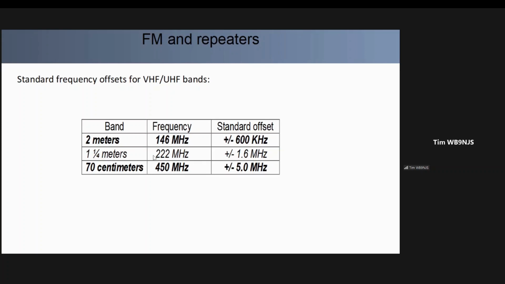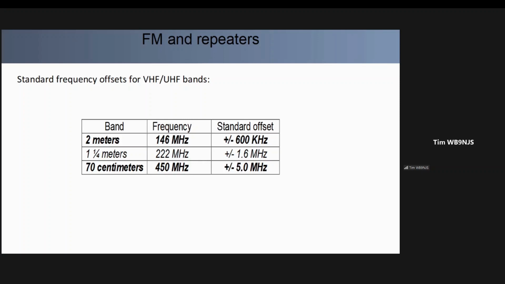The 1.25 meter band, 220 band, that jumps up to 1.6 megahertz. And when you get up to the 70 centimeter band, this is the other one that's on the test, which is 450 megahertz. The standard offset is 5 megahertz. 5 megahertz between the transmit and receive frequency is quite a bit. It makes it a lot easier for the repeater to function.